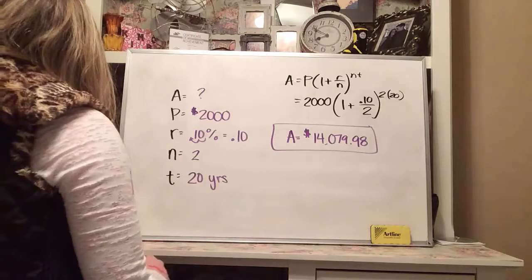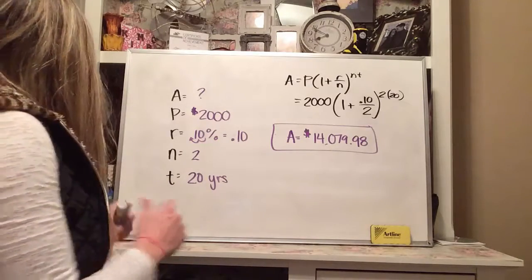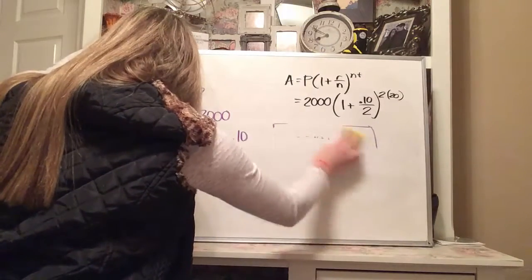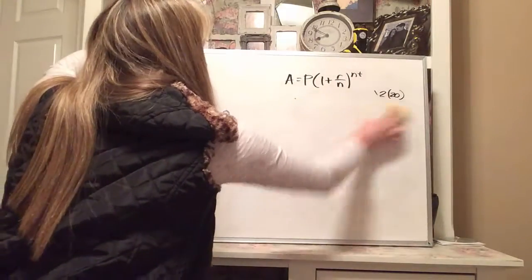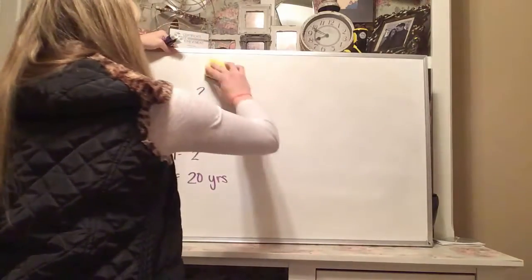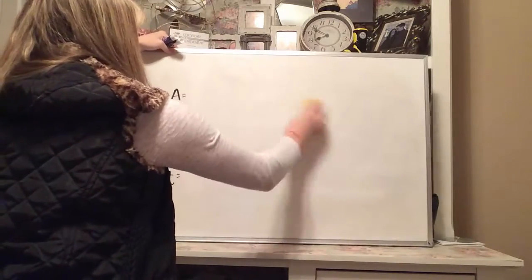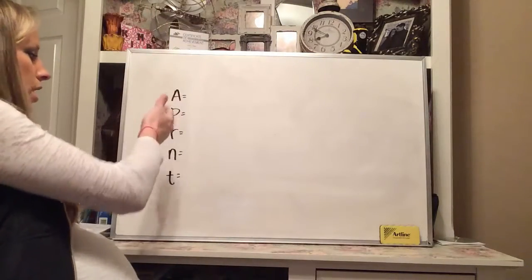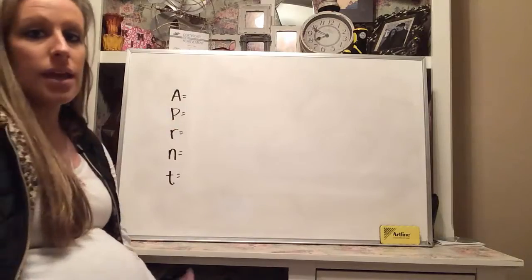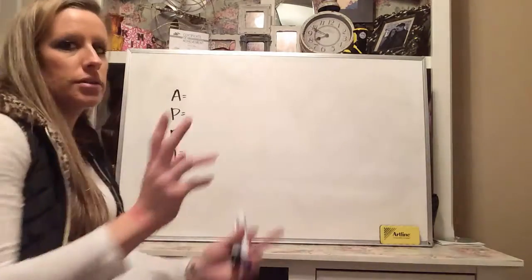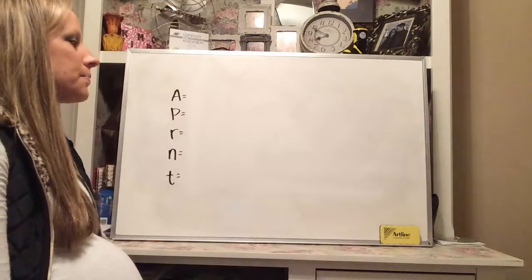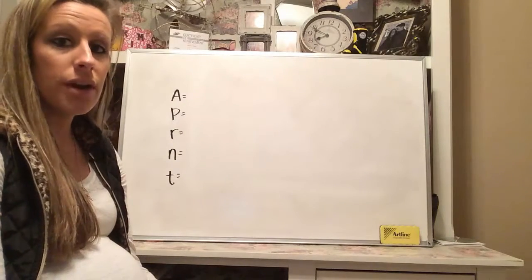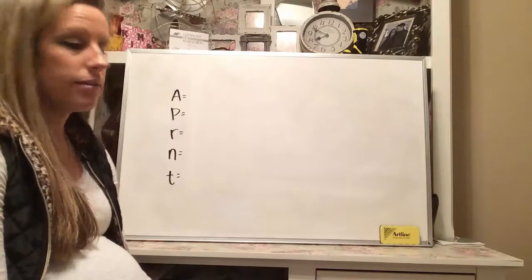Let's look at number 2. If Heather wants to have $5,000 in the account after 10 years, what does her initial amount need to be? So like I said, on every single problem, I write A, P, R, N, T, and I fill out this chart, so to say, and figure out what I need to solve for and what I need to plug in.